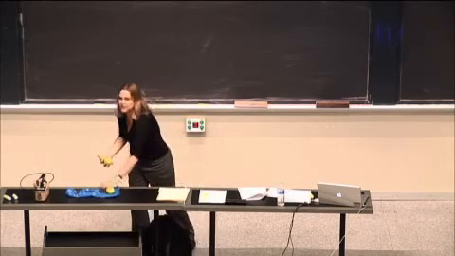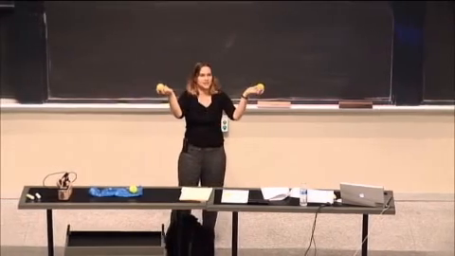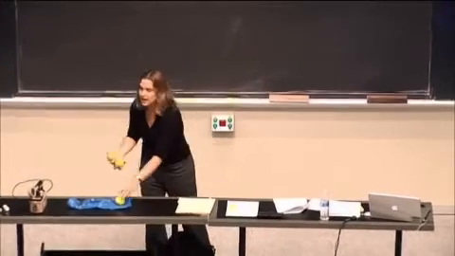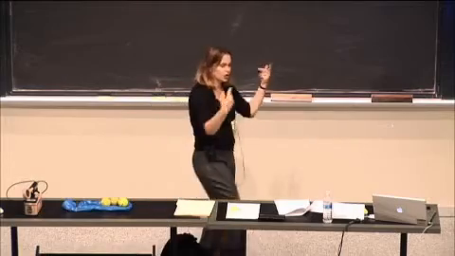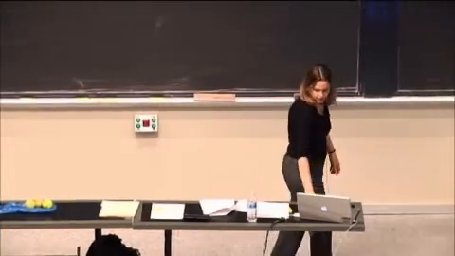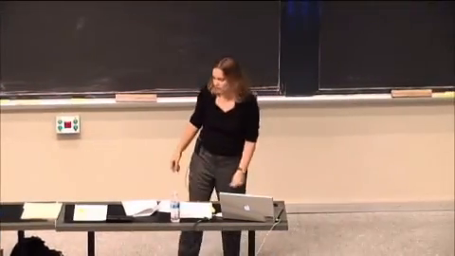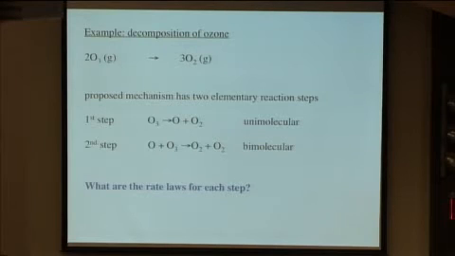That is a difficult thing to do. Two things coming together is easy. Bimolecular is very common. Termolecular, not very common, that they all come together at the same time to form a product. All right, so we can write rate laws for each step here.